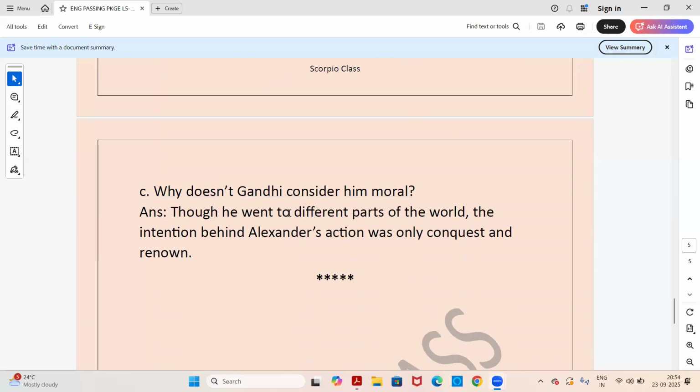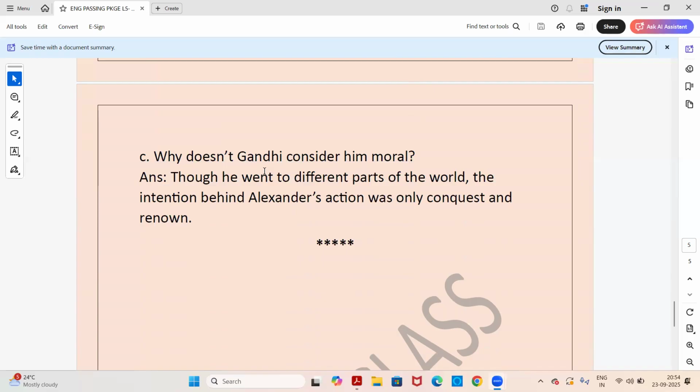Next, last sub question: why does not Gandhi consider him moral? Answer: though he went to different parts of the world, the intention behind Alexander's action was only conquest and renown.